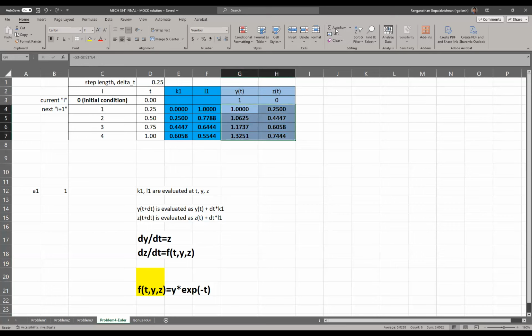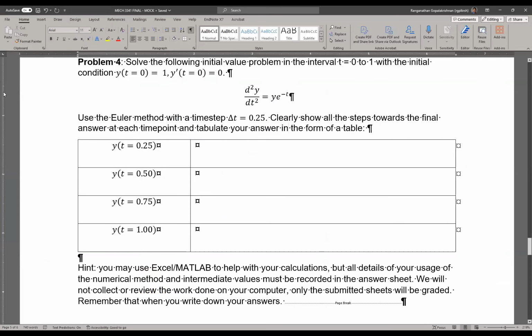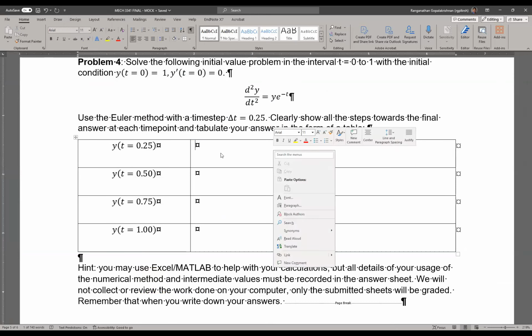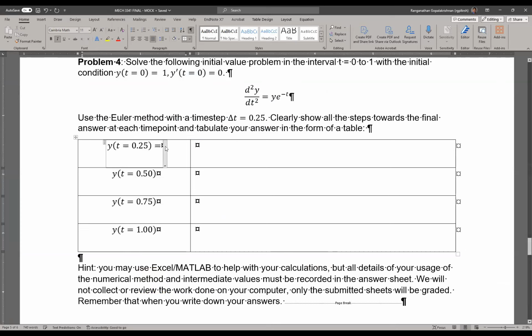So let me now share my Word file. So you're seeing my Word file. Okay. So I made this correction. I added the initial condition for y dash of 0. And then I'm going to write y at t equals 0.5.